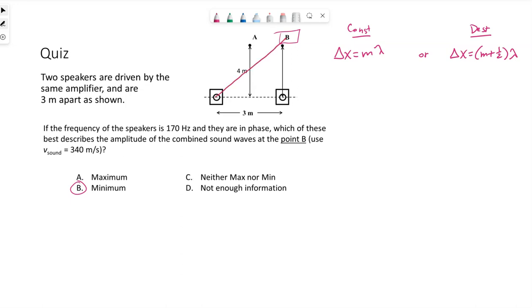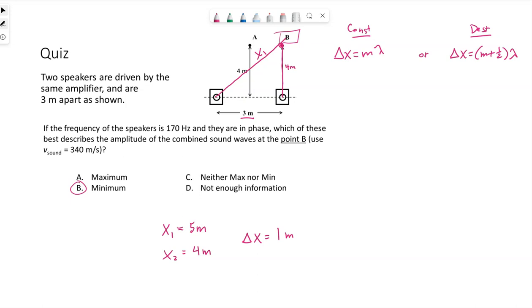So x1, the distance from speaker 1 to point B, since this is a distance of 3, this is a distance of 4, x1 is 5 meters. x2 is the distance from the second speaker to that location, that's the 4 meters. So delta X is the difference, so just 1 meter.